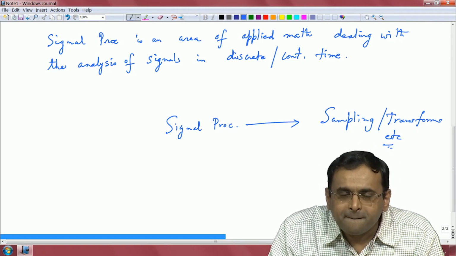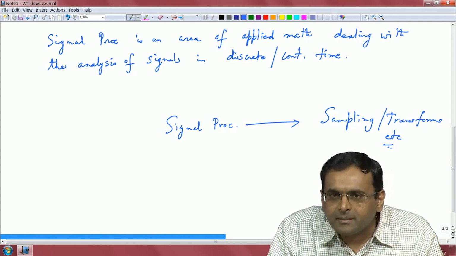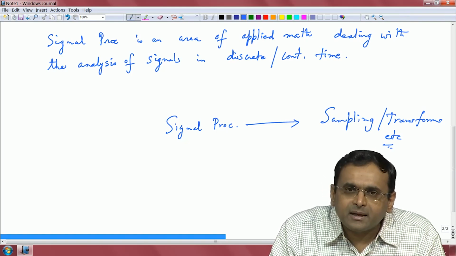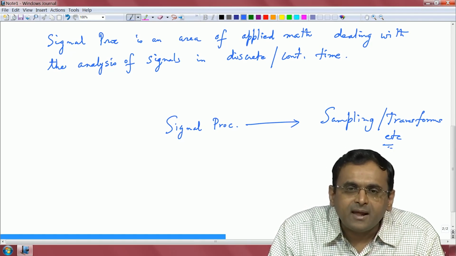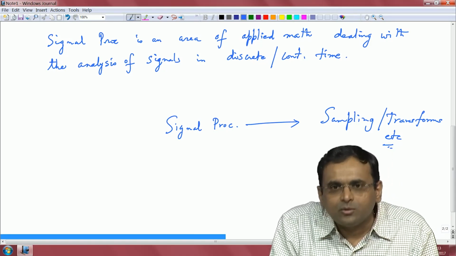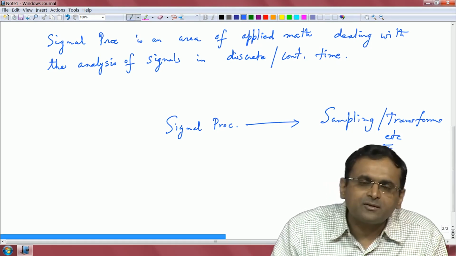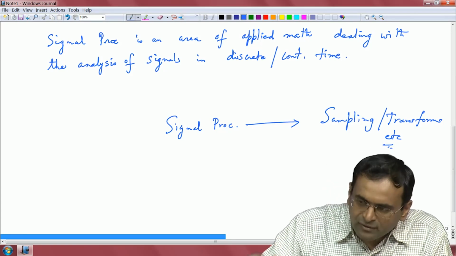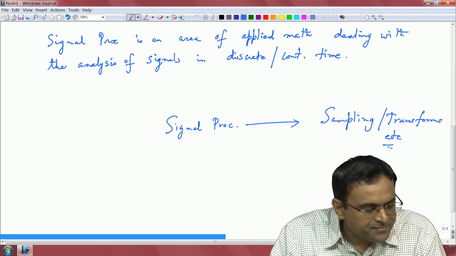What is the choice of basis functions to represent the signal? How optimal is this representation, in what sense? A lot of these questions. Then sampling, how should I go about sampling? If I take an analog signal and I sample, can I reconstruct it? What is the reconstruction error? Can I do regular sampling? Can I do irregular sampling? So on and so forth, right? These are basic fundamental questions that get into our mind, and all of this is really research that has been pursued over several decades.